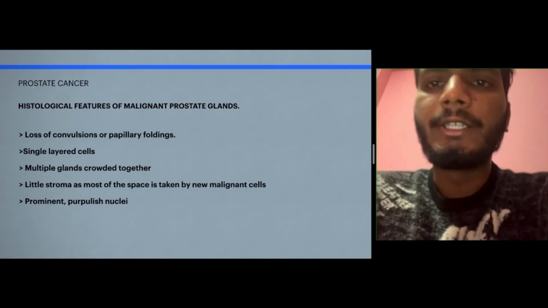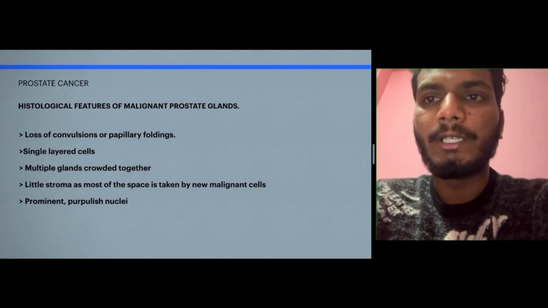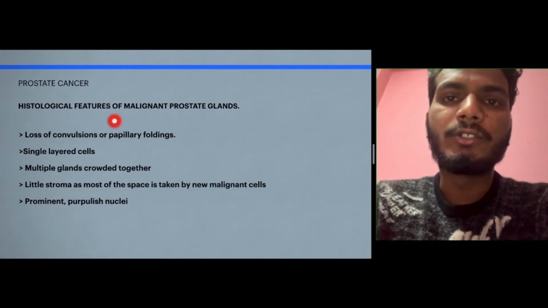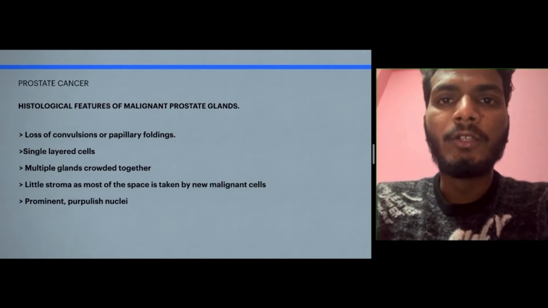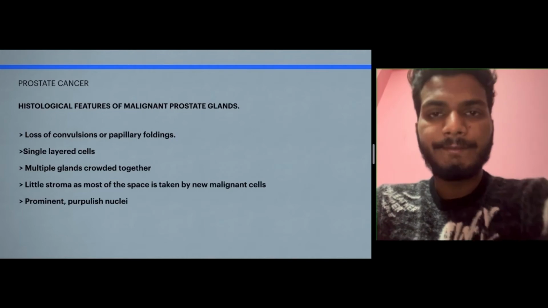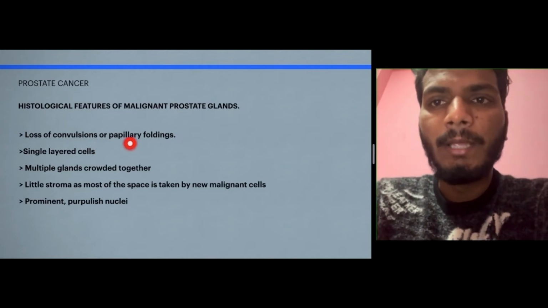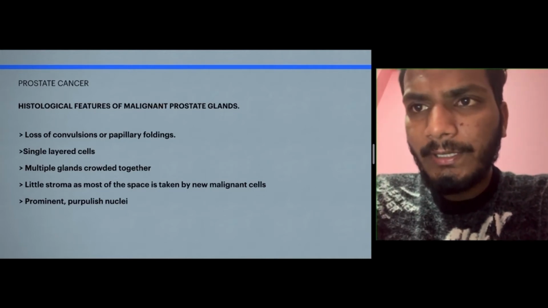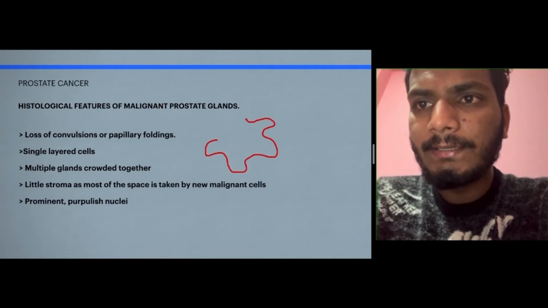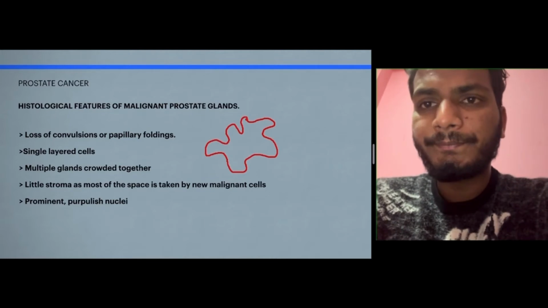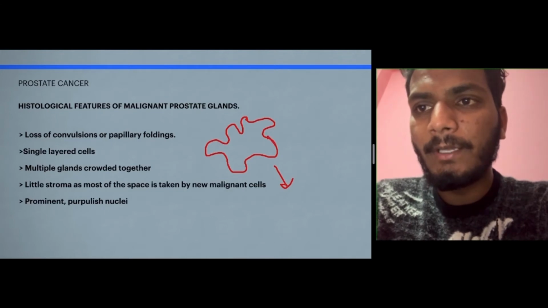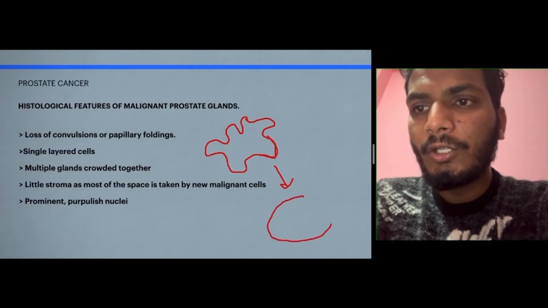Then we will move to the histological features of the malignant prostate gland. These are the characteristics we can see on the histological slides of prostate cancer. So there is loss of convolutions, papillary foldings. What this means is, in a normal glandular structure there are papillary foldings like this in the prostate gland, but in the cancer stage there is loss of these papillary foldings, and this becomes globular.